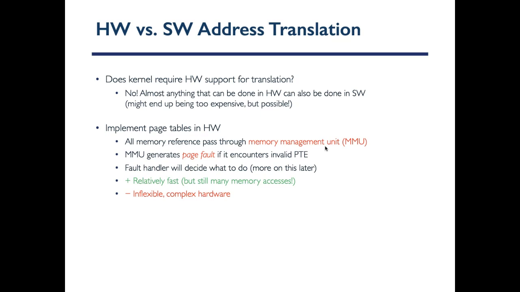All it needs to know is the address of your first level page table. If you give the unit the address of the first level page table, it traverses that table by itself, without any need to come to software, as long as the page table entries are valid.